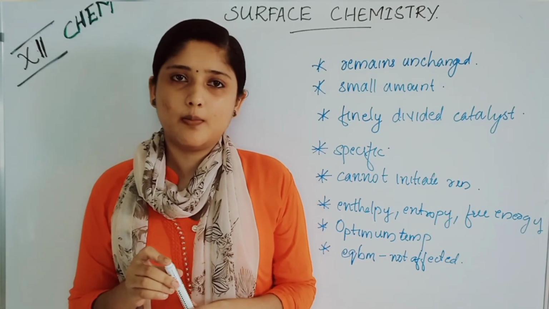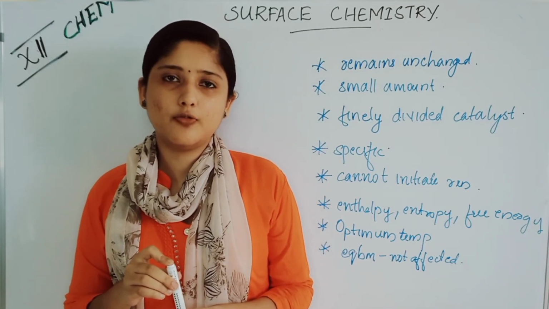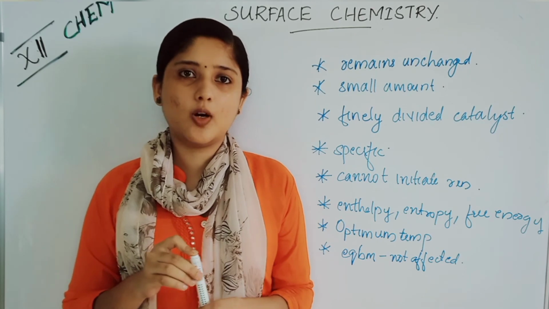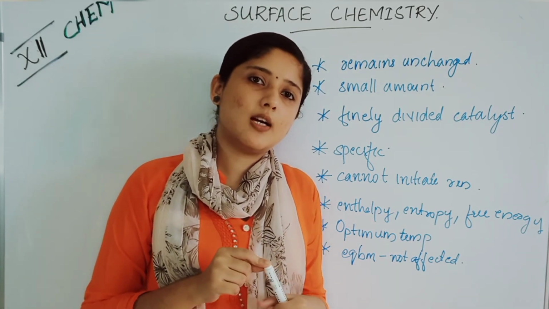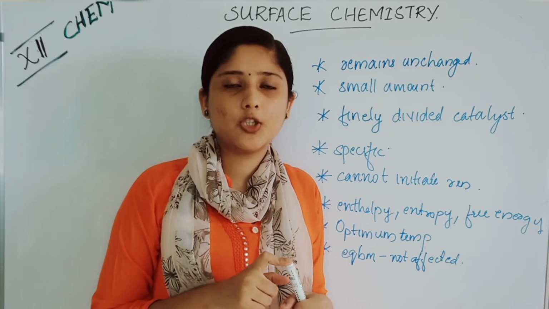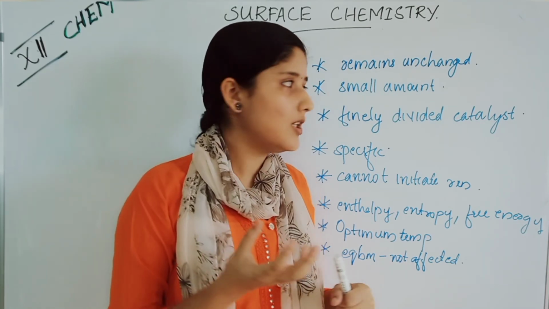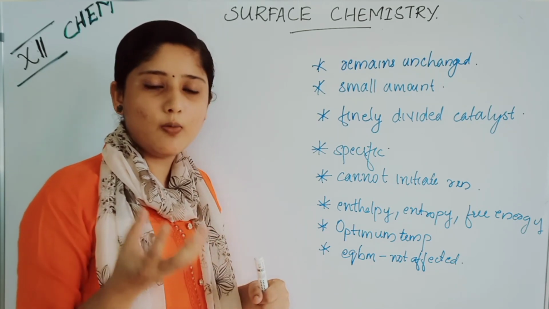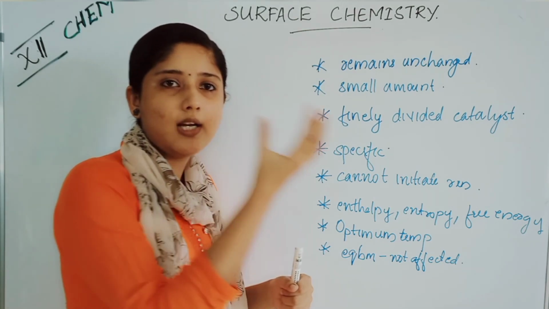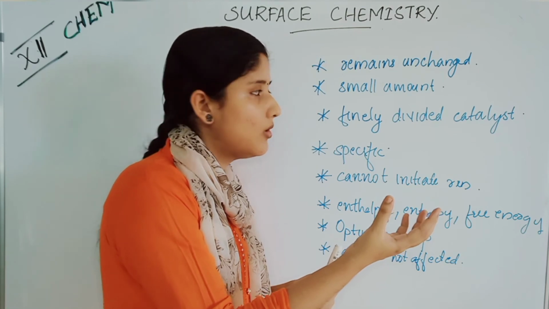Let's discuss some of the characteristics of catalysis or a catalyst. First, I told you that it remains unchanged after the completion of a reaction. In composition, it will remain unchanged. At the beginning, whatever the concentration is, that much you will get after the reaction also.